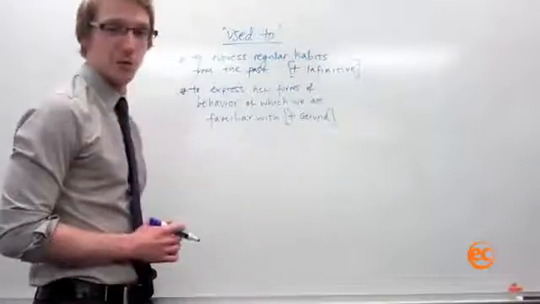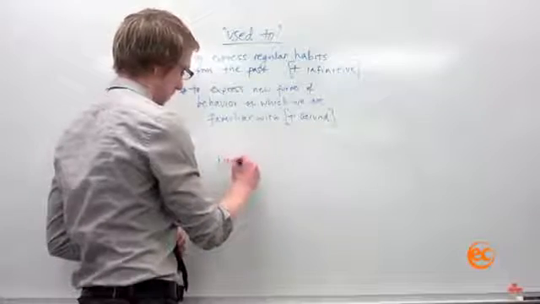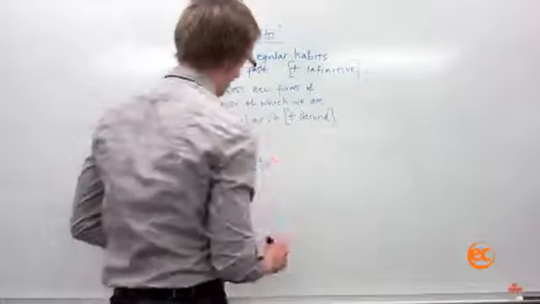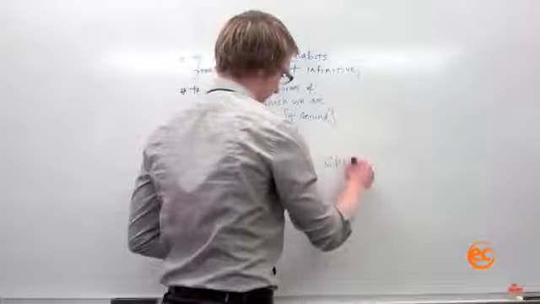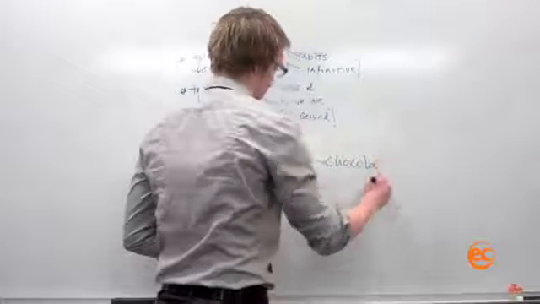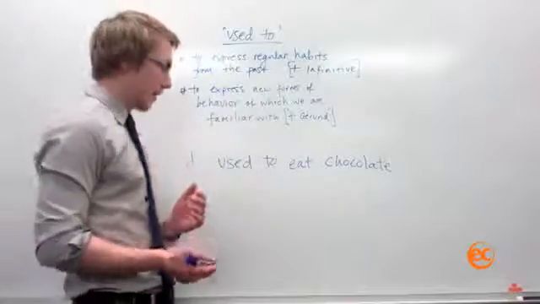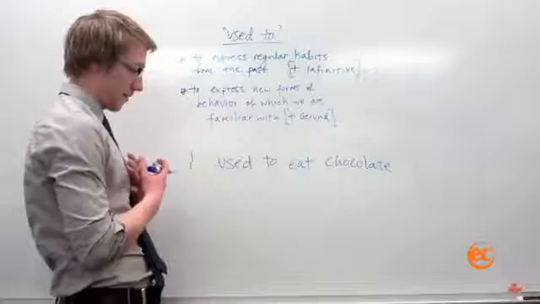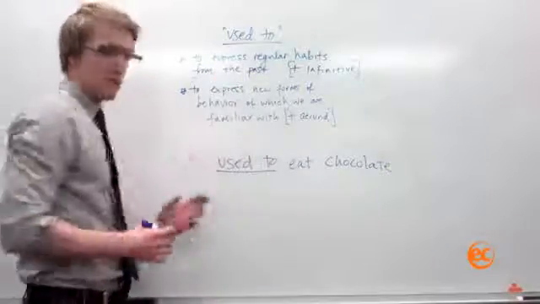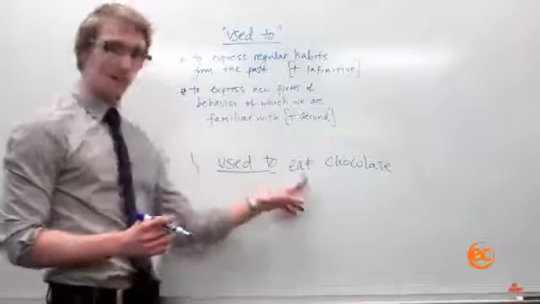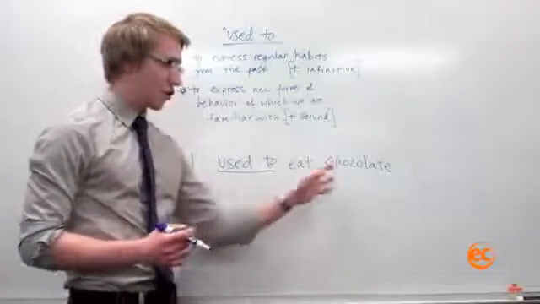Let's take another example. I used to eat chocolate. Again, we have this subject, ourselves, "I," "used to" as a fixed expression, "eat" as quite a simple main verb, and then our object, "chocolate."